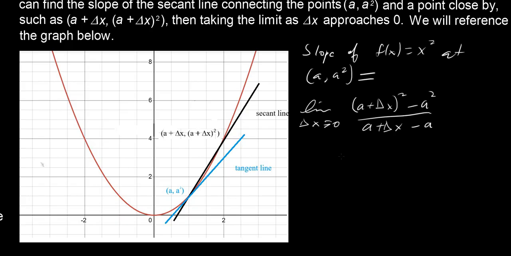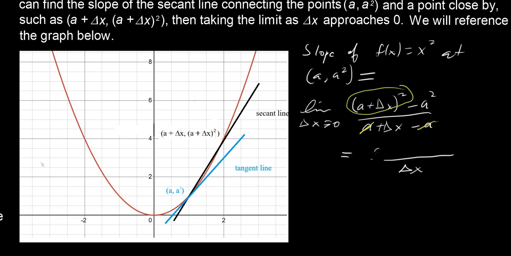So the denominator simplifies pretty easily because, again, you can cancel these values. So it looks like our denominator is just delta x. But now for our numerator, a plus delta x, the quantity squared. That's a binomial. That's a plus delta x times a plus delta x.